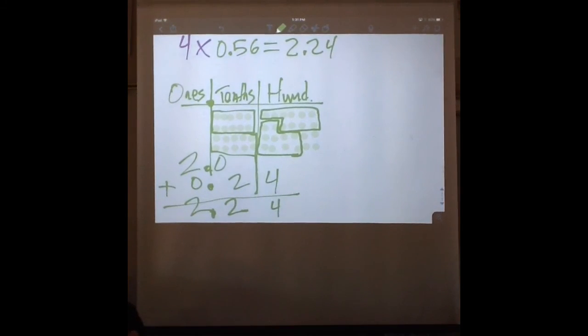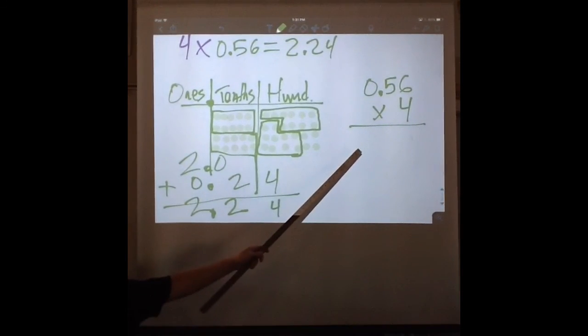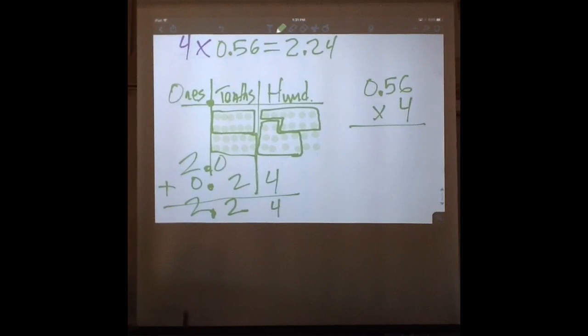Now we could also write that out as a vertical math problem, like where we multiply. We call it an algorithm, right? So 6 times 4 is 24.